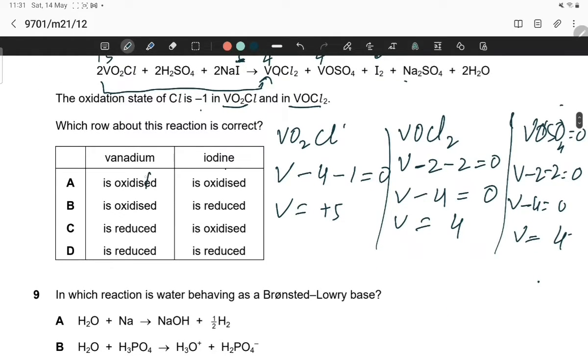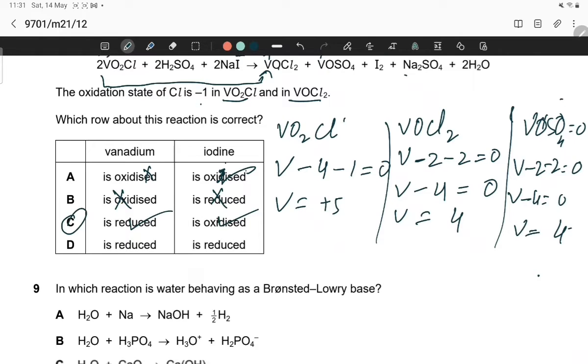So is oxidized, wrong. This is correct. Is oxidized, is reduced, vanadium is reduced and iodide is oxidized, so this must be correct.